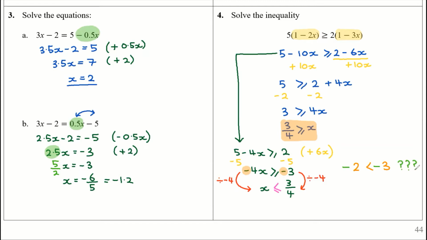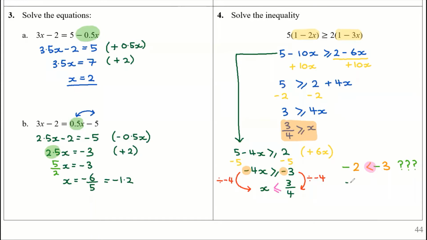Well, obviously not. So obviously there's a problem and the inequality has to switch round in order to make it a true statement. So that has to switch round and we're forced to write it like this.